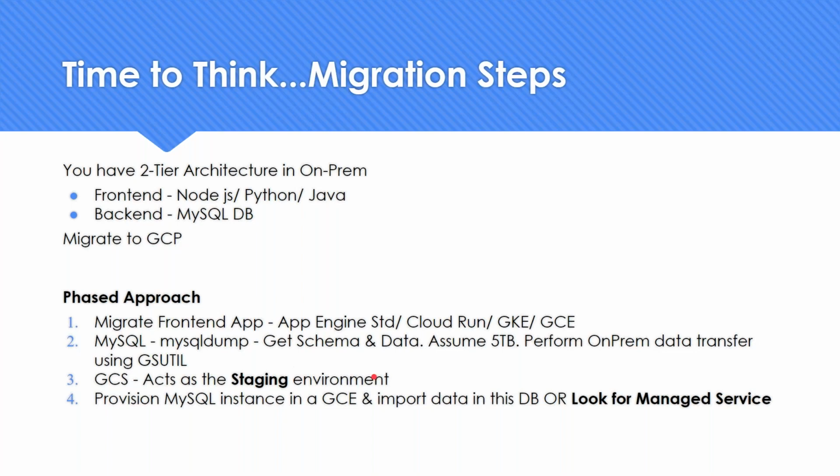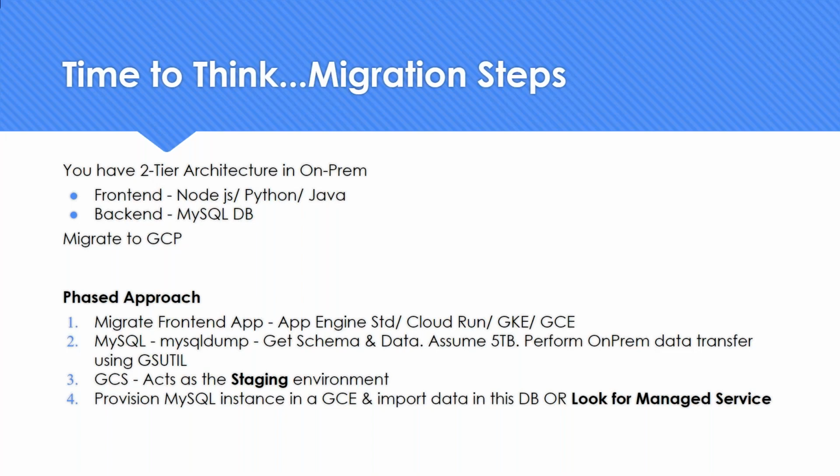So get a dump. Once you have the dump in your on-prem, use your data transfer option. So you can transfer your data, the dump, using your gsutil. Simple. I don't need to use Transfer Appliance because the volume is less, and I cannot use Storage Transfer Service also because it's from on-prem. So dump that into my favorite product, Google Cloud Storage, as a staging environment.